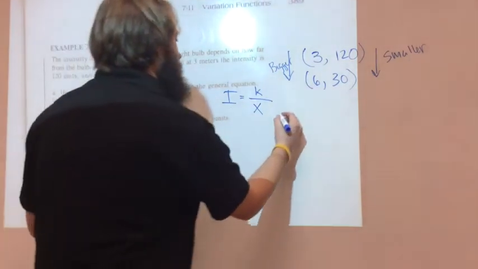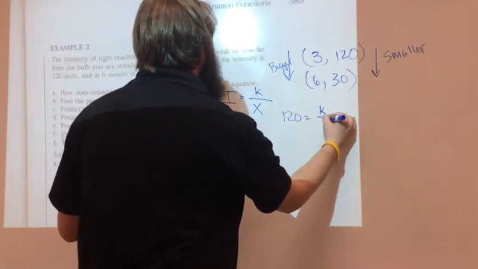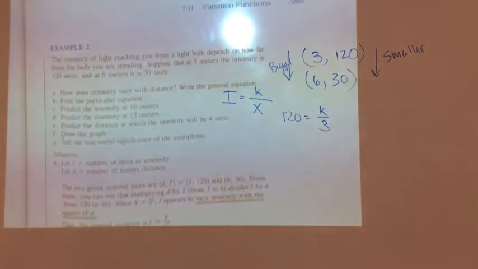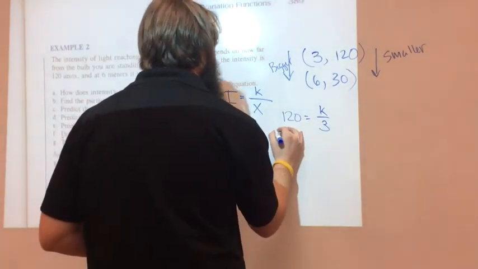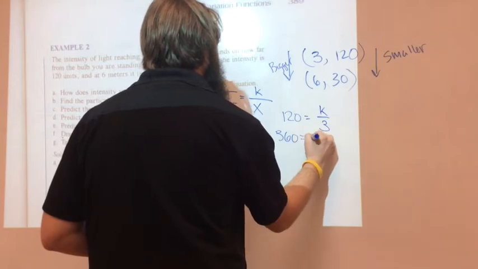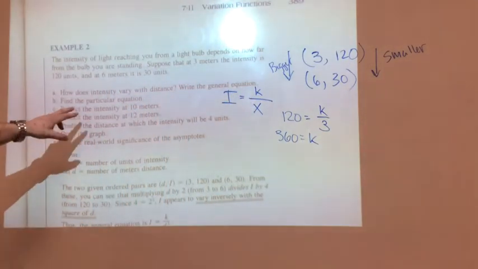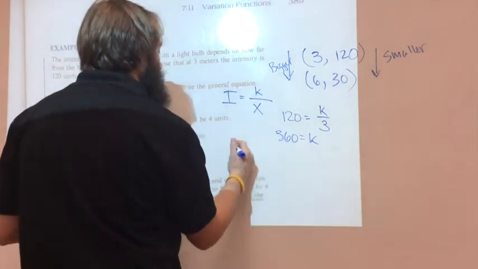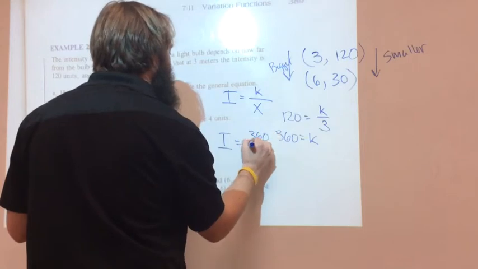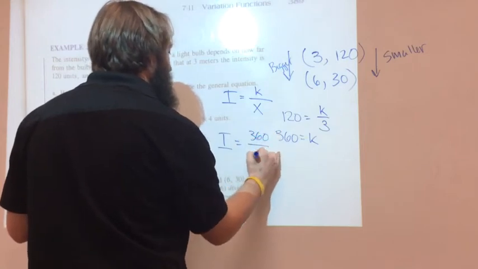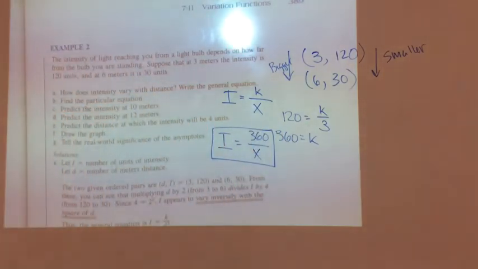So we'll take 120 equals k over 3. And then we're going to solve for k. Multiply this by 3, that should give me 360 equals k. To answer part B, find the particular equation, I just found k, so now I just make my equation. I equals 360 divided by x. Here is my particular equation.